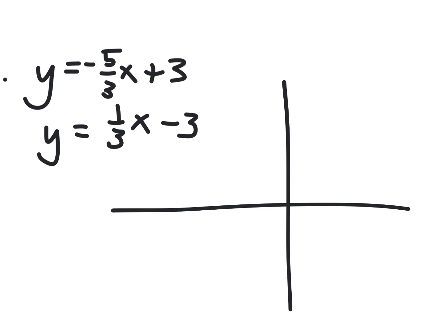You just start at the 3 because it says 3 there. So you go up 3 and you put a dot. You know, you can all put a dot at y is 3. Next, we got to go down 5. So this is the rise, but a negative rise means down, right? So down 5, 1, 2, 3, 4, 5, and then 3 run, which means go 3 to the right.